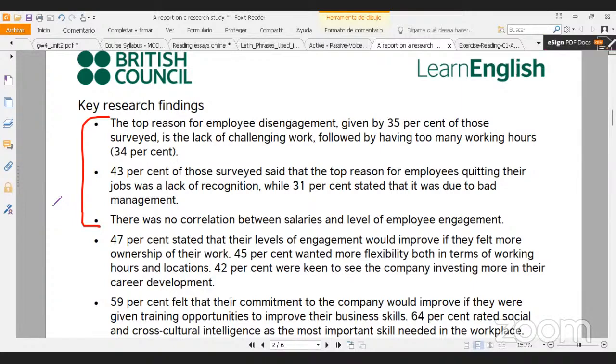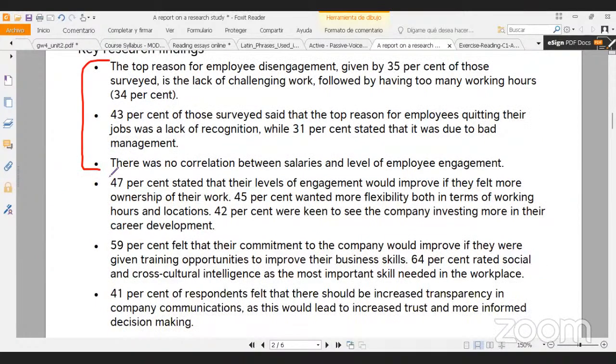There was no correlation between salaries and level of employee engagement. Okay, thank you, Writer.